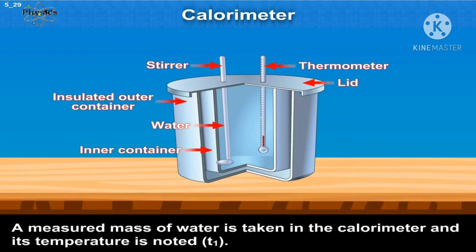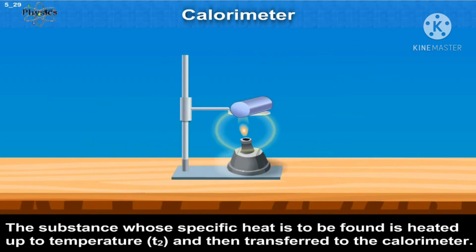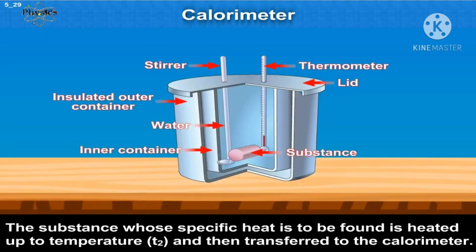A measured mass of water is taken in the calorimeter and its temperature is noted as T1. The substance whose specific heat is to be found is heated up to temperature T2 and then transferred to the calorimeter.